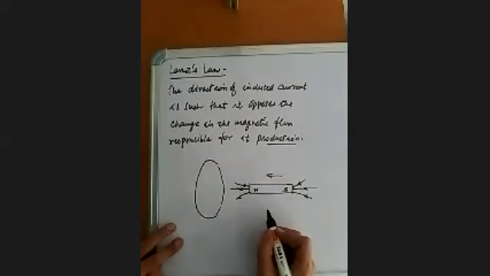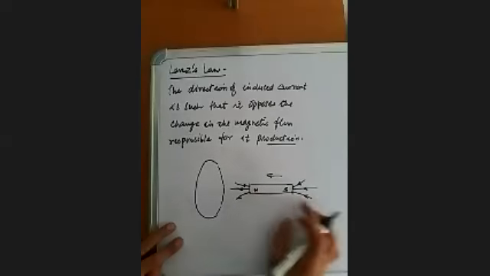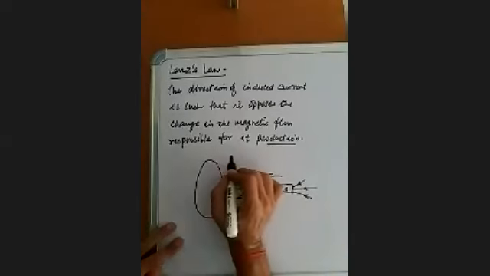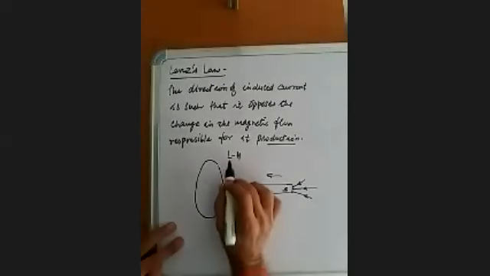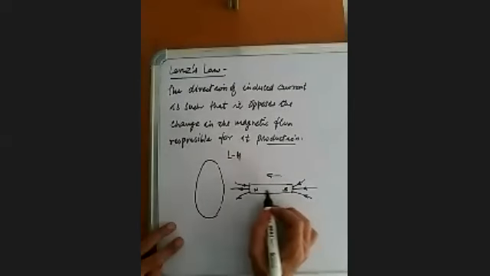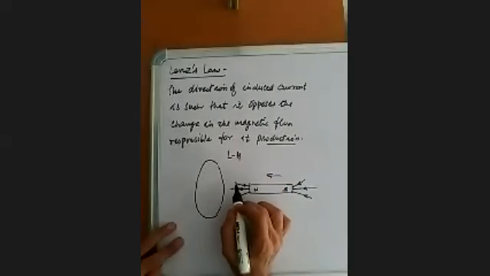So what happens? When it is moving towards the coil, initially when it is far away, the magnetic flux linked with the coil is low. Now as it is moving towards the coil, it is changing towards a high value.